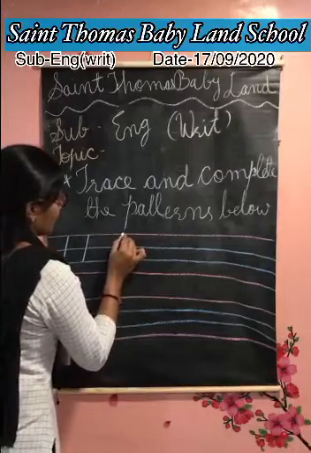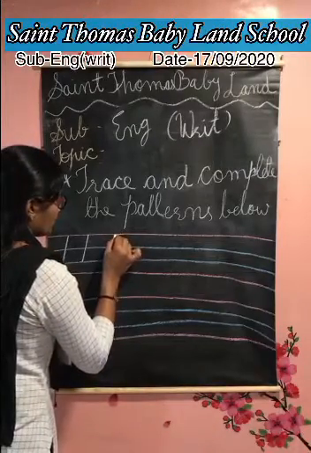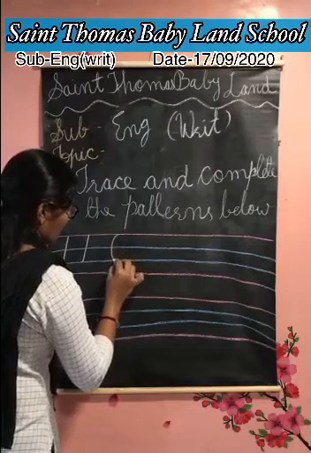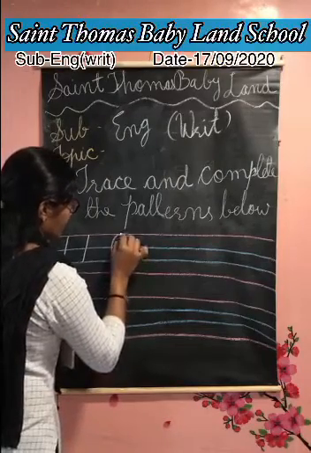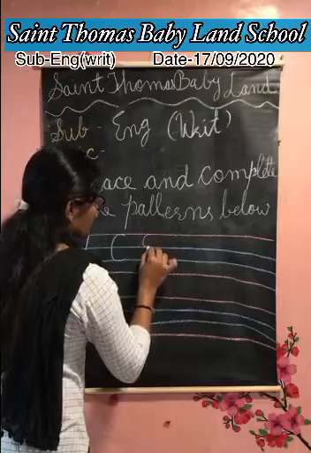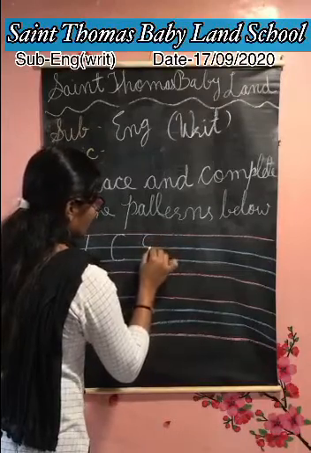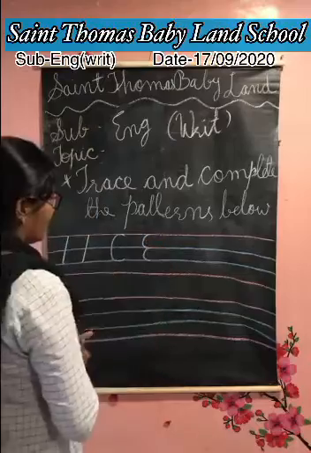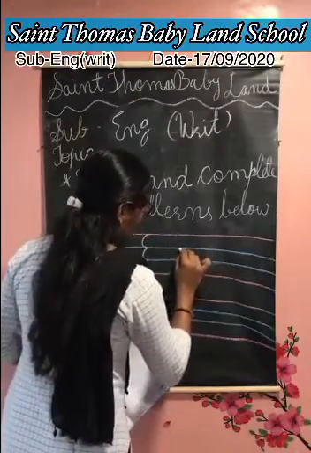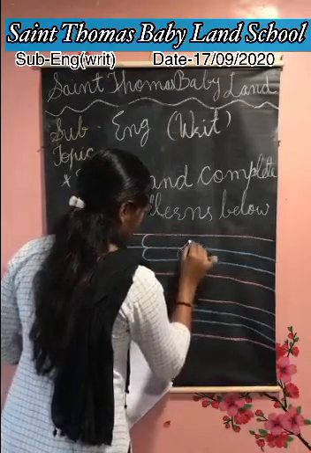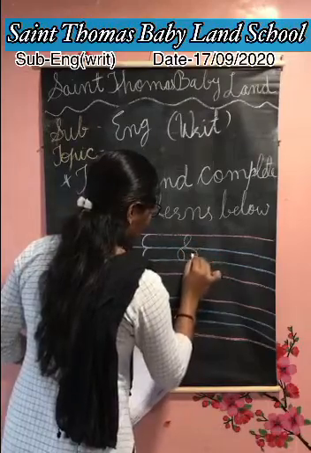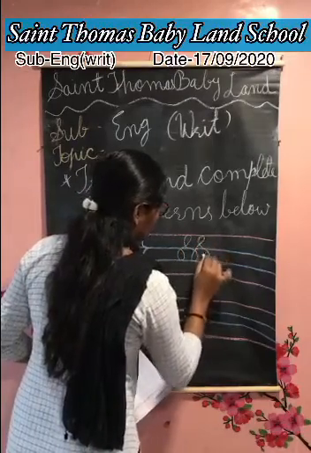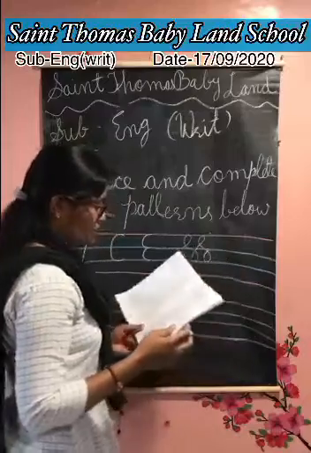Start with a red line to small curves and finish with a blue line. This also curves. Red line to blue line and blue line to blue line. This way. Next is like this way. You have to do it in your book also.